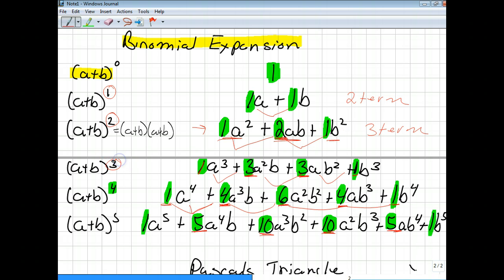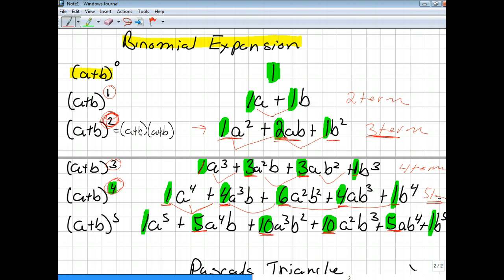This one has a power of 3, but I have 4 terms. This one has a power of 4, but I have 5 terms. So that's another pattern that you should notice. Also, notice that the even powers have an odd number of terms.